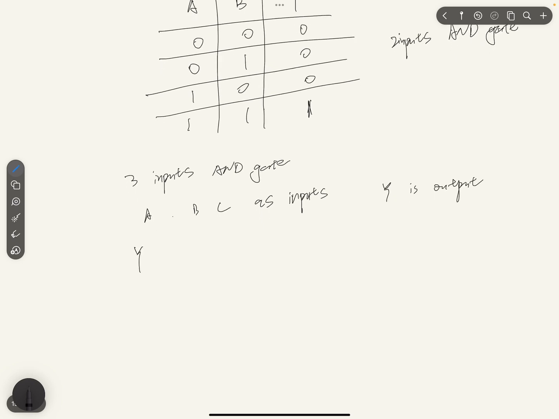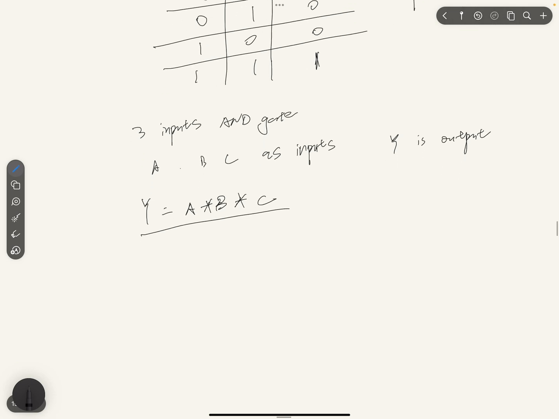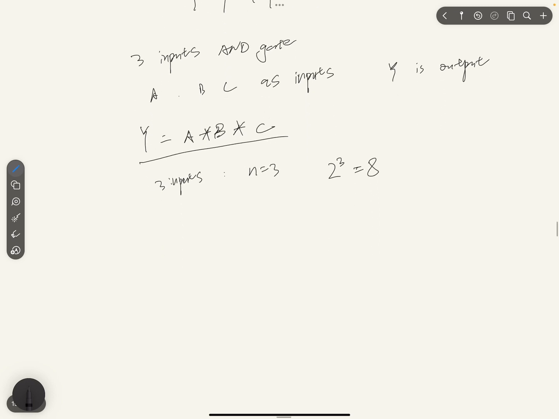So same thing, the Boolean expression Y equal to A times B times C. That's still the Boolean expression. Since we have 3 inputs, so n equal to 3, the combination for the truth table will be 2 to the 3, which is 8.